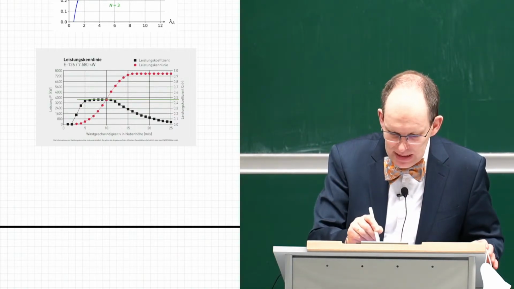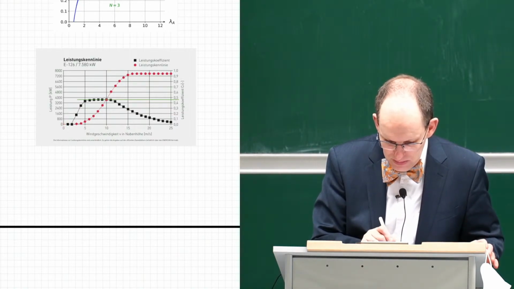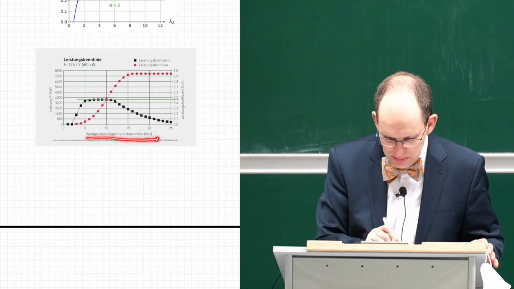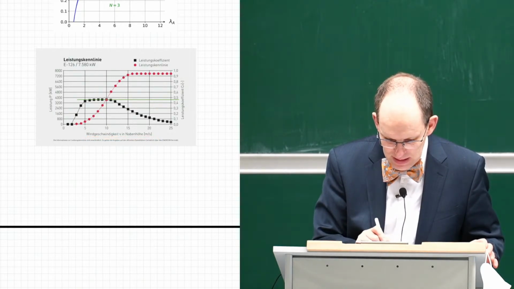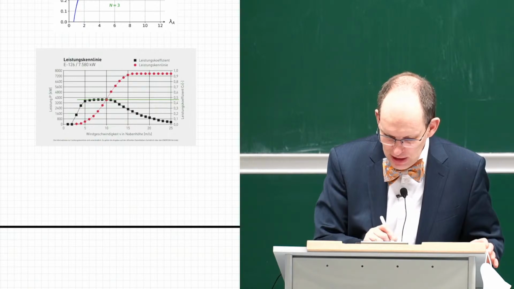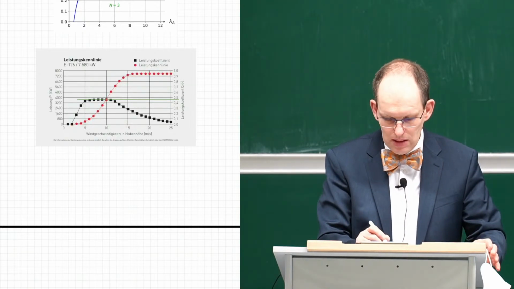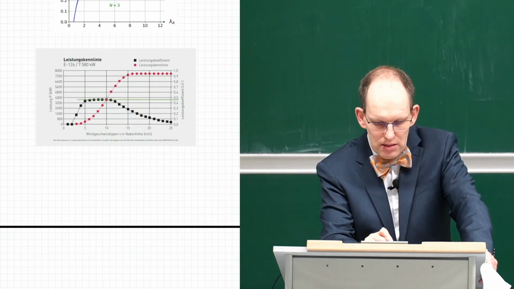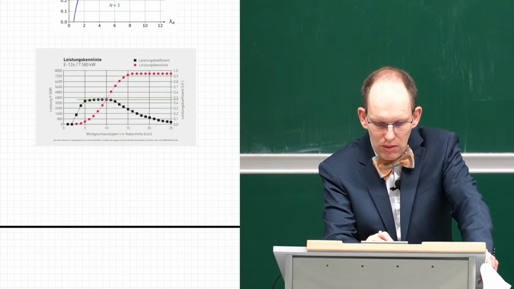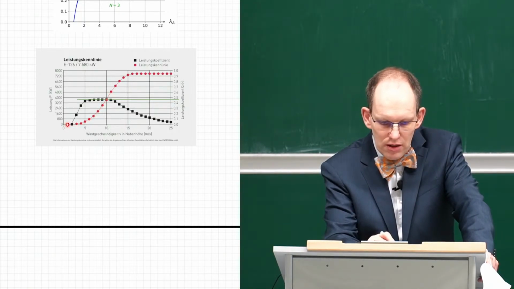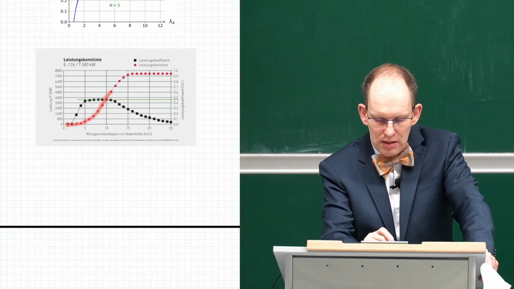So what you see is, on the x-axis, we have the wind speed in meters per second, right? And the red curve is the power of the windmill. Yeah? Of course, if wind speed is low, then there's hardly any power. So this should go up like the cube of the wind speed, right?